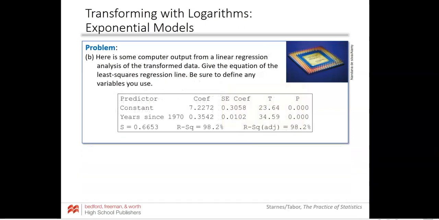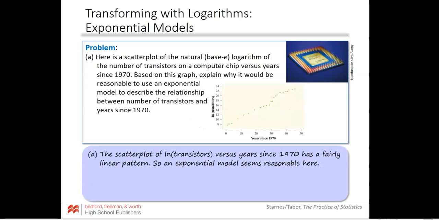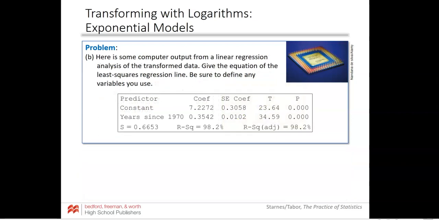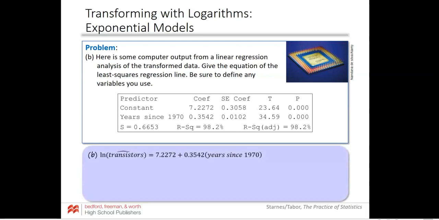Here's some computer output from the regression. Be sure to define any variables again. We did the natural log of y, but the x variable was just years since 1970. If you write the equation, it's the natural log of the predicted number of transistors.